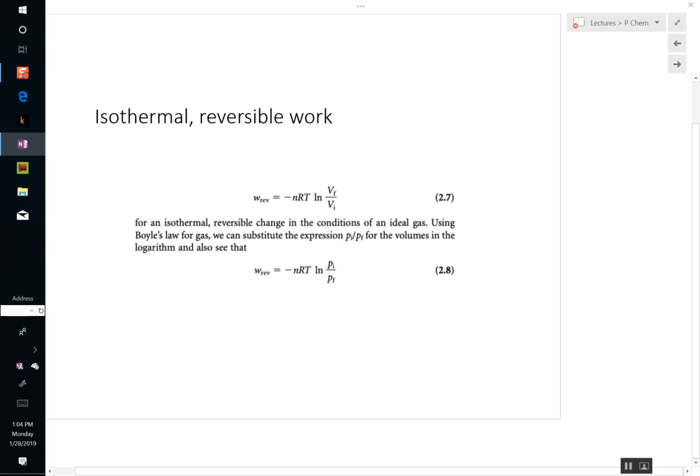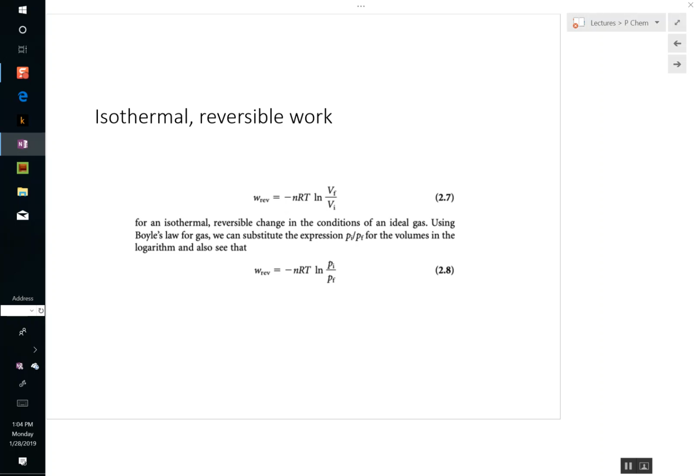All right, I've included some of these equation numbers here, key equations. There is a reversible work that you can calculate, and it's derived. You finally get down to equation 2.7: negative nRT times the log of the final volume over the initial volume.